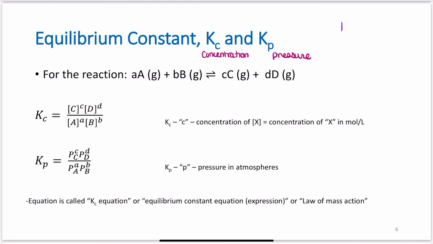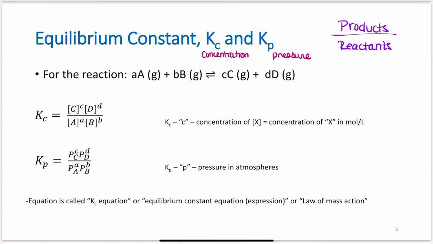But when I think about it, I think of products over reactants. Now, you have to be careful with that. There are caveats to that. But if I remember products over reactants, it's a ratio. How much product do I have to how much reactant do I have? It gives me an idea where the equilibrium lies, and it also helps me remember how to calculate the equation.